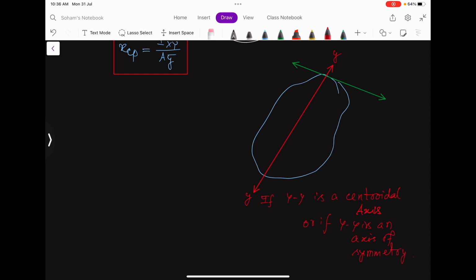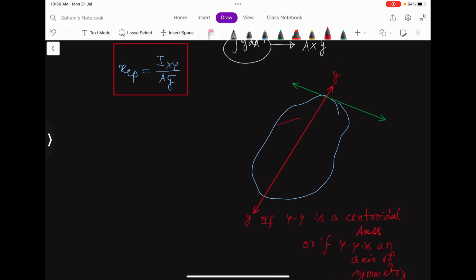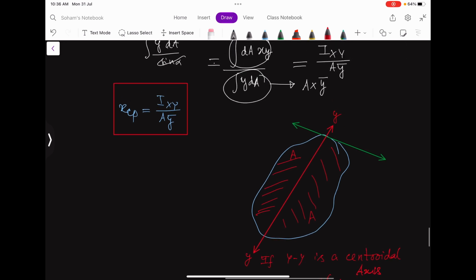Then I have this much area A, let us say here, and also this much area A here. So these are symmetric. So let us take an elemental mass here and here. The y is the same for both, but this is x and this is minus x.